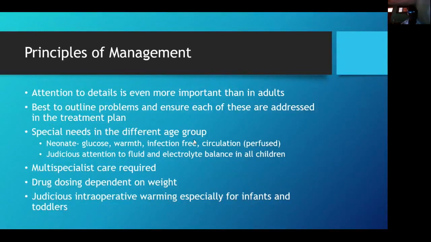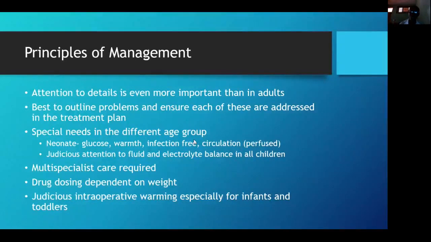And then there are some special needs in different age groups, such as neonates, the fact that they are very prone to hypoglycemia. So they need to be fed one way or the other, either via the intravenous route. They need to be kept warm since they have immature thermogenesis, and they need to be infection free.